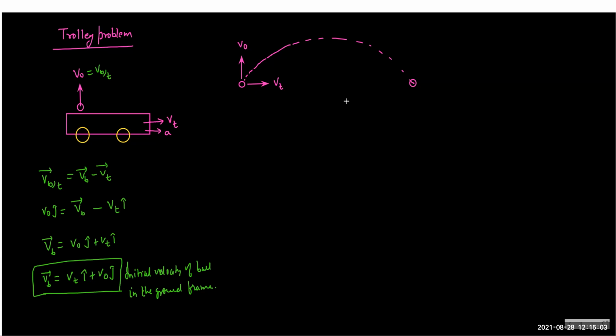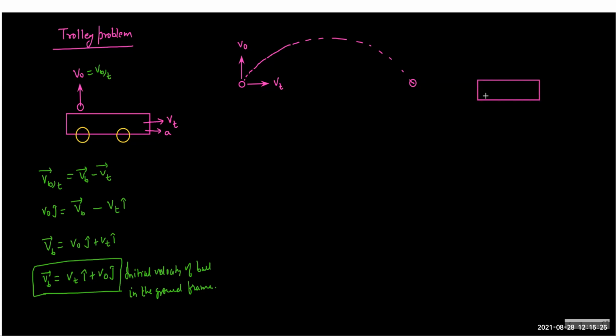It means in the same time, when the ball comes back to the initial level, the trolley would have moved much more than the ball. So the trolley must be somewhere ahead, somewhere here actually.